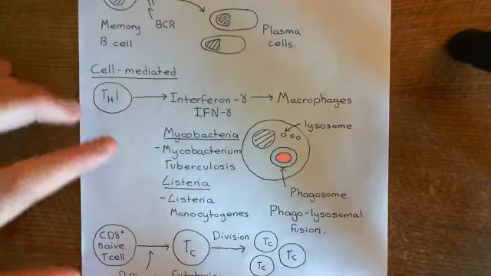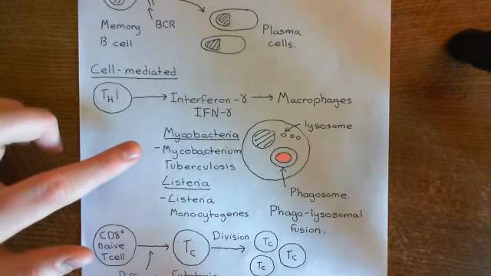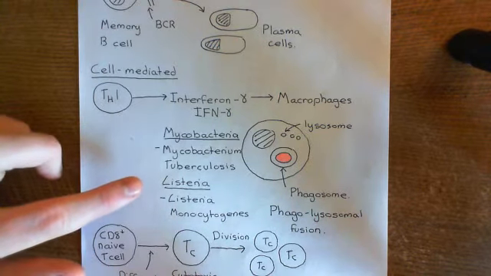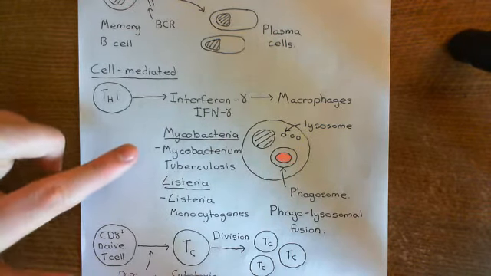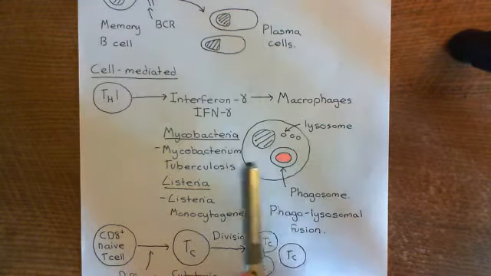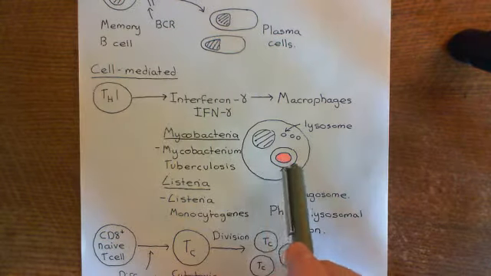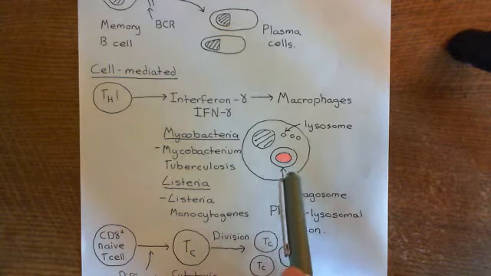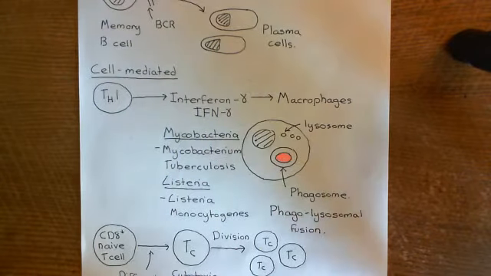Well, two very famous examples are when we're dealing with mycobacteria and listeria species of bacteria. These are intracellular pathogens that live within macrophages. So, when the macrophage engulfs mycobacteria or listeria, they'll go into a phagosome, and then usually lysosomes should come and fuse with this phagosome and release lysozymes, which are very powerful destructive enzymes.